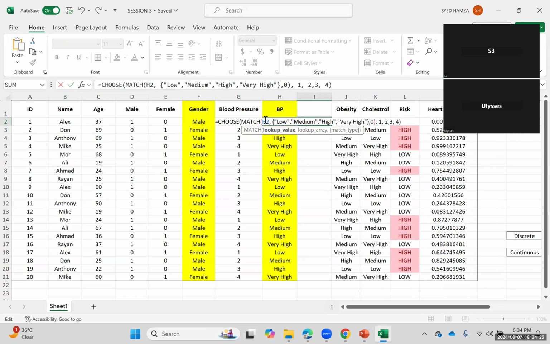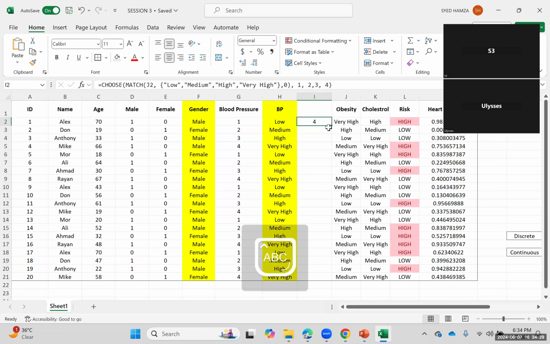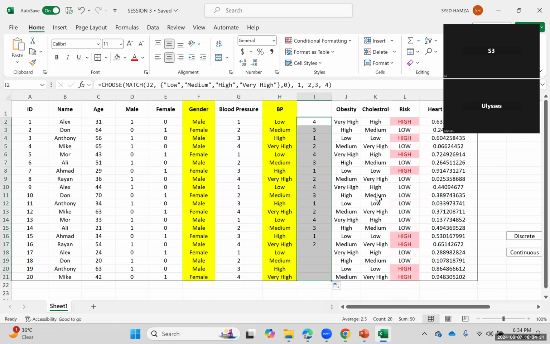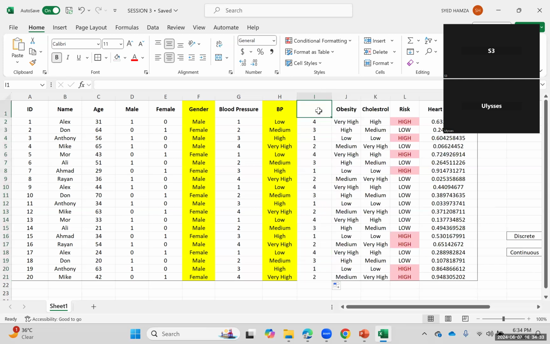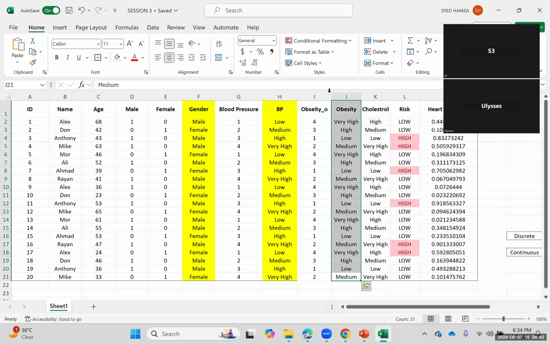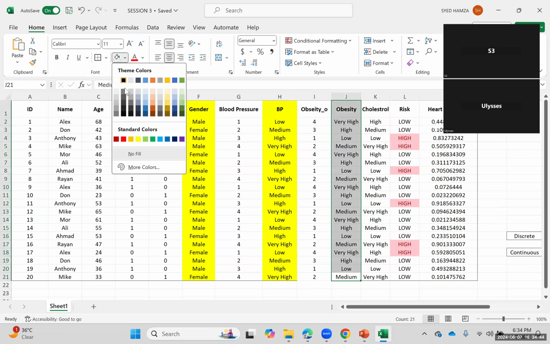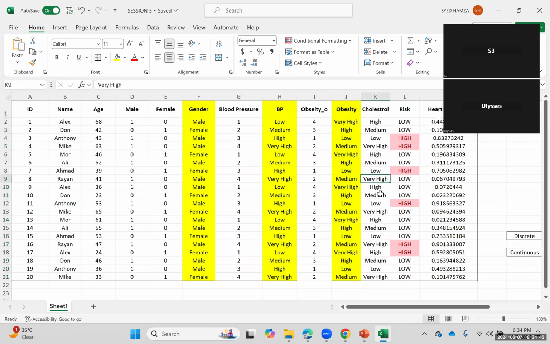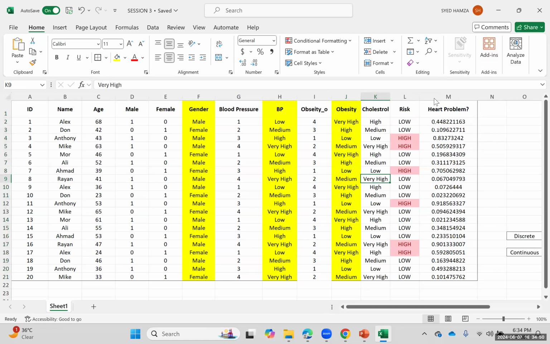But we need to change this to J, and keep it obesity score O or something, ordinal data. And this one is now obsolete, so we can get rid of it.